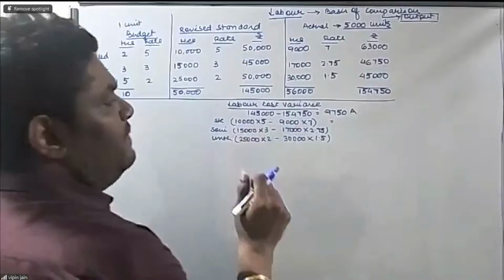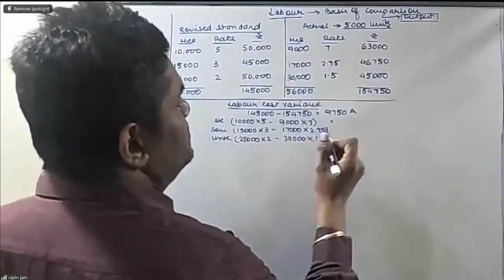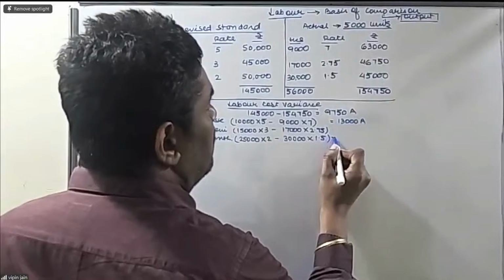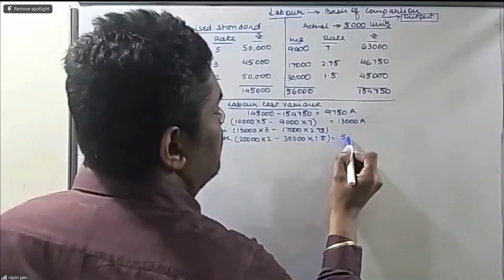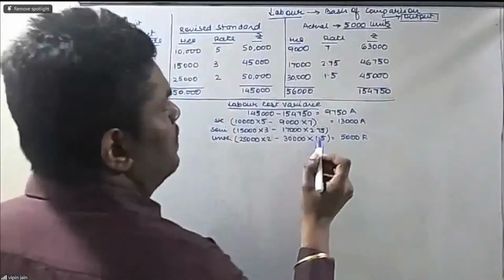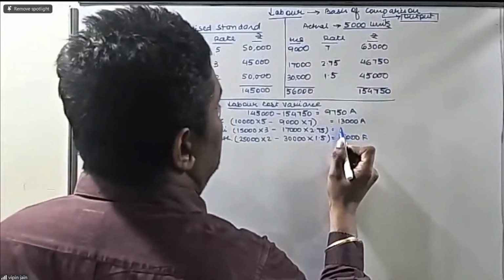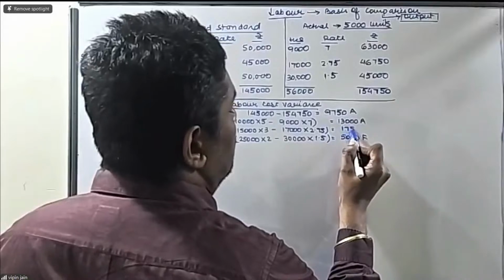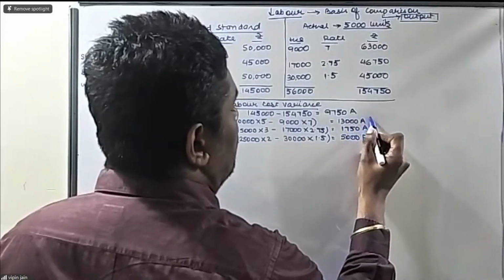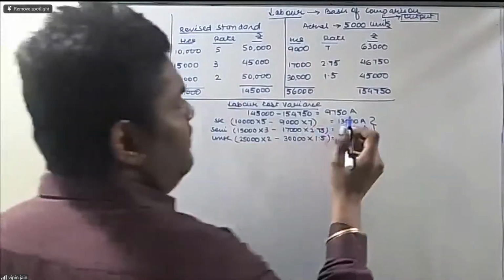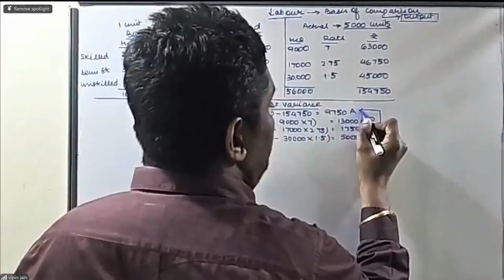So this will be 50 minus 63. This will be 13,000 adverse. So this is how we will get 9,750 adverse.